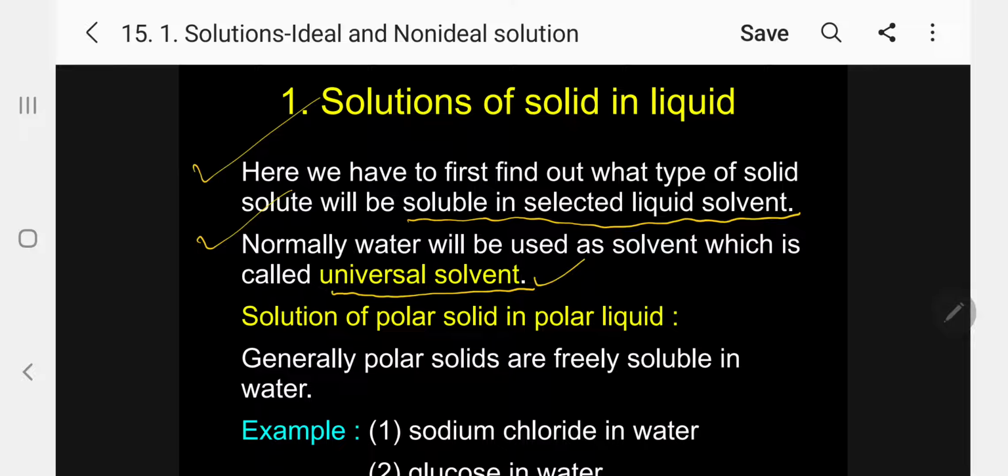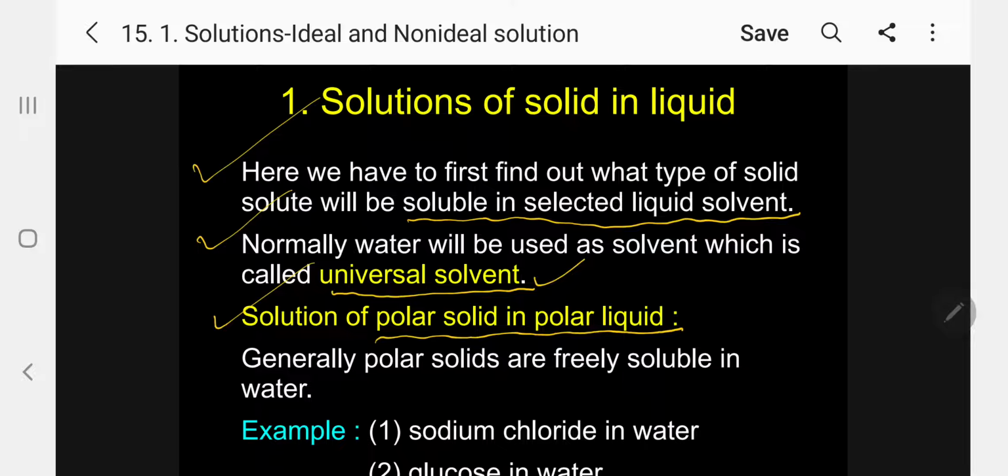In the laboratory, in addition to water, organic solvents will normally be used, like alcohol, ether, chloroform, methanol.